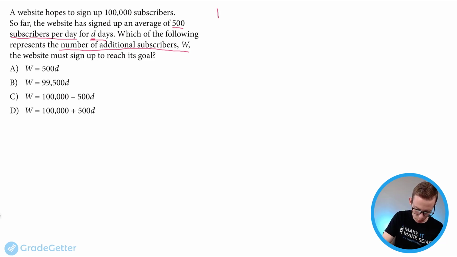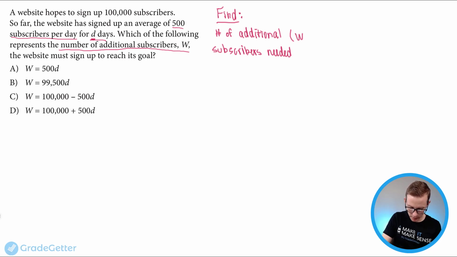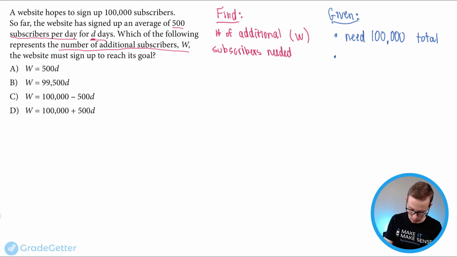Again, this is a long word problem, so I'm going to use the find given technique. So I'm trying to find the number of additional subscribers needed to reach 100,000. And that is W. Now, some useful given information is I need 100,000 subscribers total, and we've got an average daily value of 500.